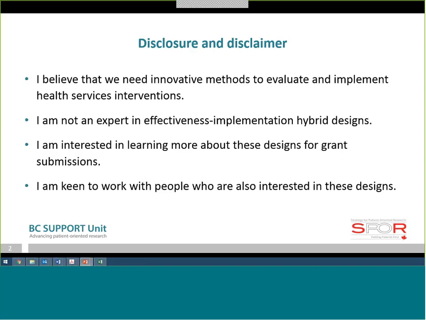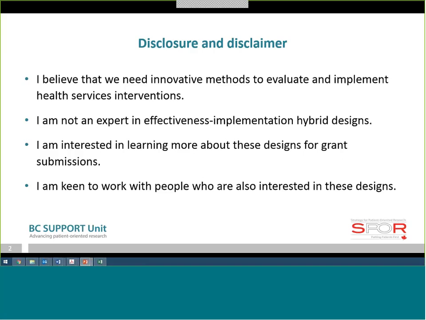But I'm not an expert in these designs, so I would welcome discussion and look forward to hearing experiences from some of you. Hopefully some of you on this call have more experience in this area, so it's an opportunity for me to learn from you, and for everyone to learn from each other.